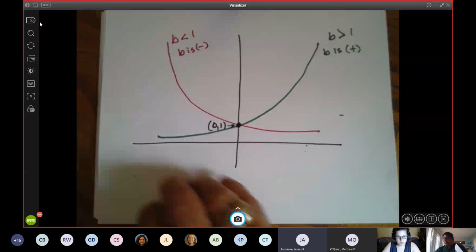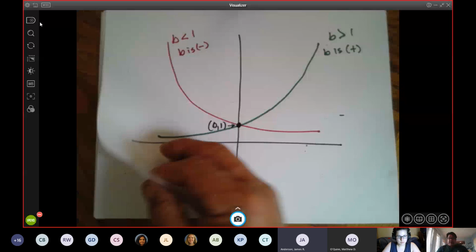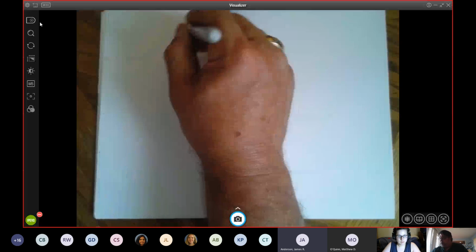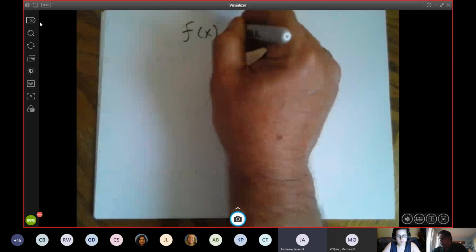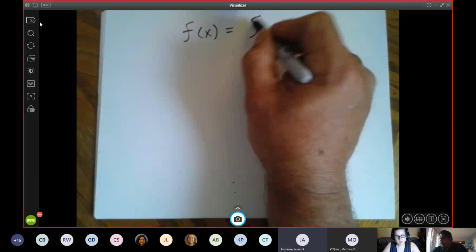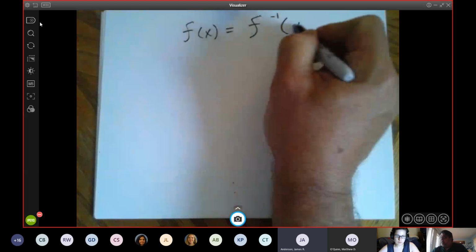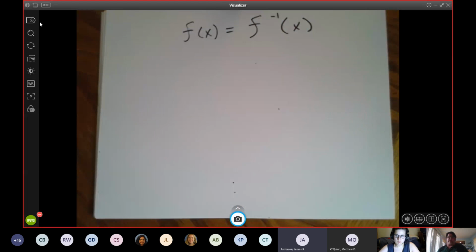Also make sure, this is kind of a review, what undoes a function? The what function? Inverse function. I want you to be able to graph the inverse function. I want you to be able to find the inverse function algebraically.